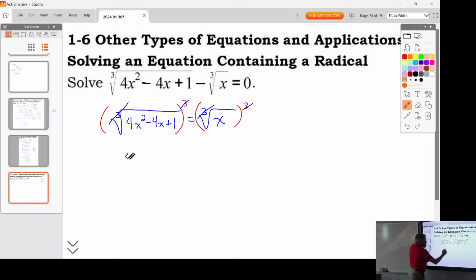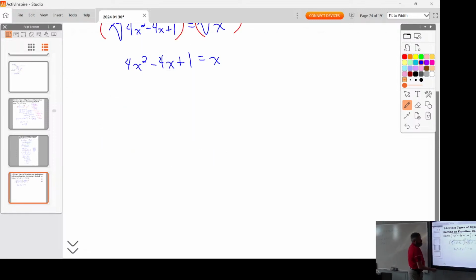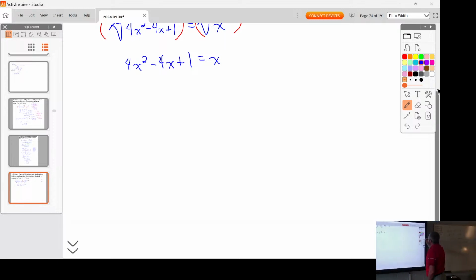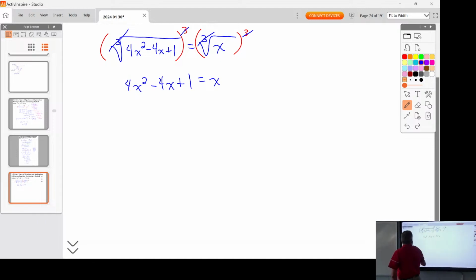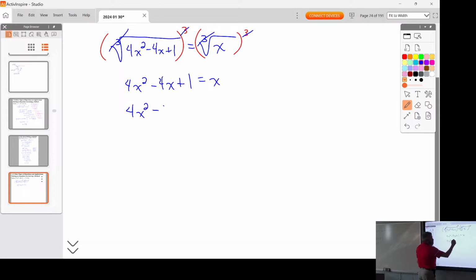I now have 4x squared minus 4x plus 1 equals x. Okay. Subtract x from both sides. 4x squared minus 5x plus 1 equals 0.